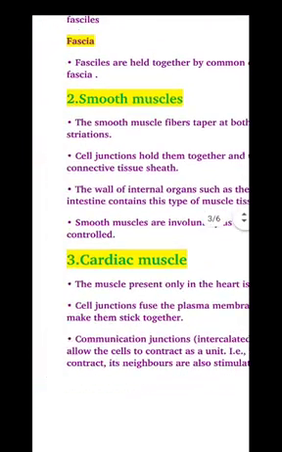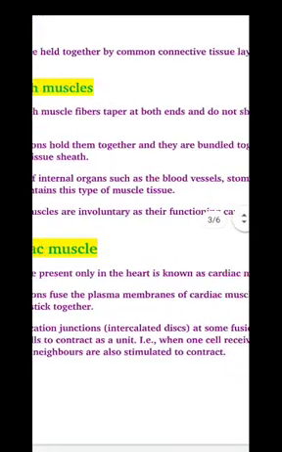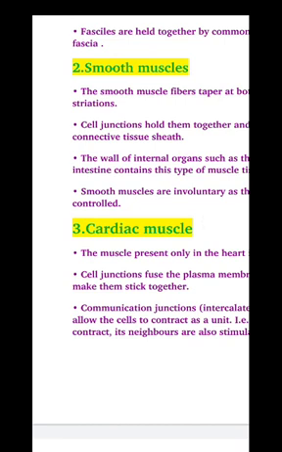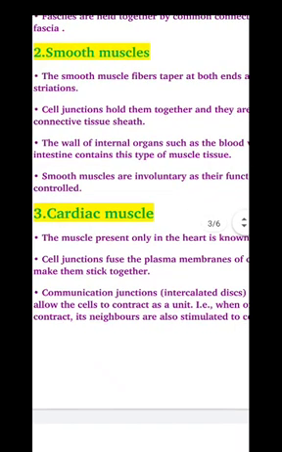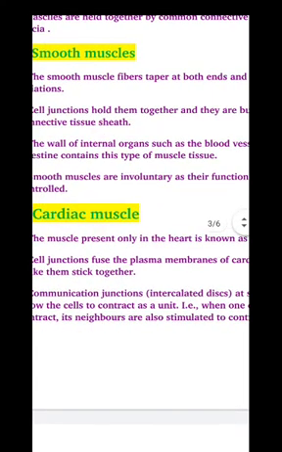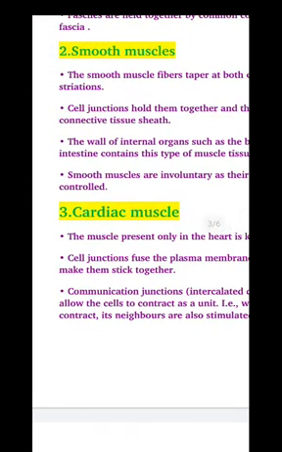The walls of internal organs such as blood vessels, stomach and intestine contain this type of muscle tissue. Where are these found? In the visceral organs, that means internal organs like blood vessels, stomach and intestine.